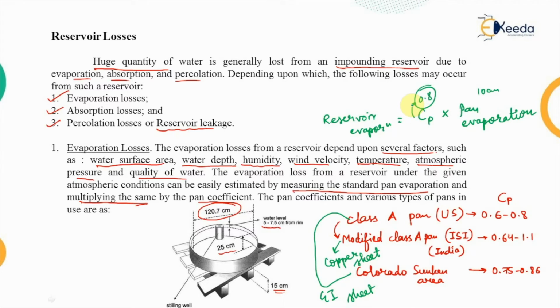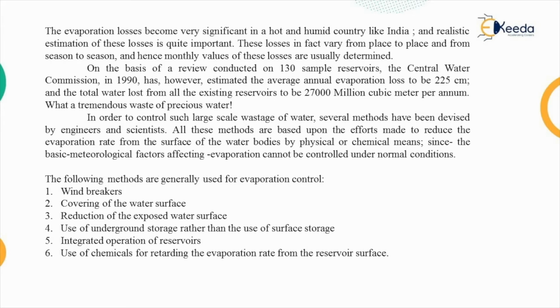So that means from the reservoir the evaporation loss will be 8 centimeter. That is how we measure the evaporation loss. Now these evaporation losses become very significant in a hot and humid country like India, because most of the time the temperature is very high, and therefore the realistic estimation of these losses is quite important.